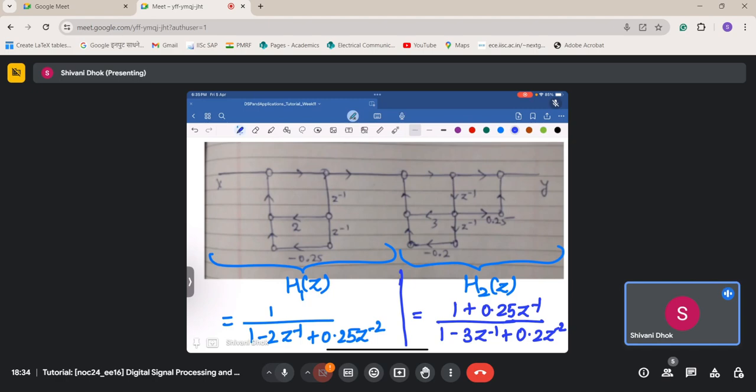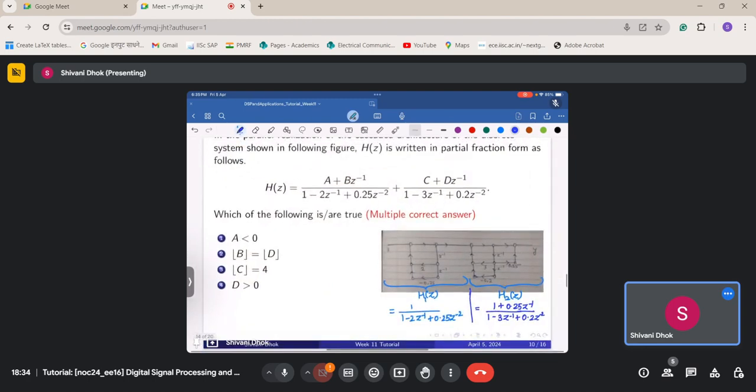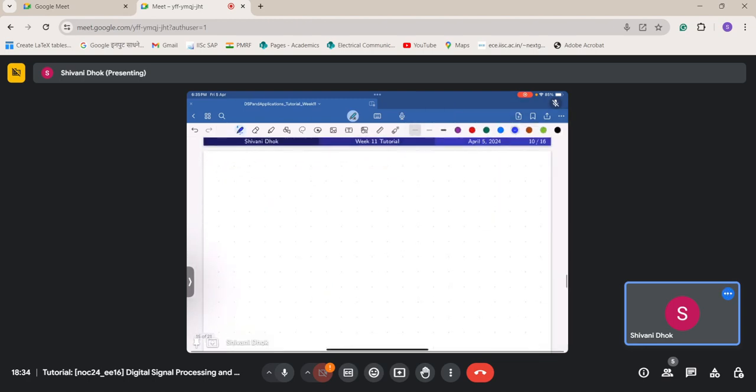So this is H1 of z and H2 of z. So H of z will be multiplication of these two factors. Therefore H of z will be equal to H1 of z into H2 of z.